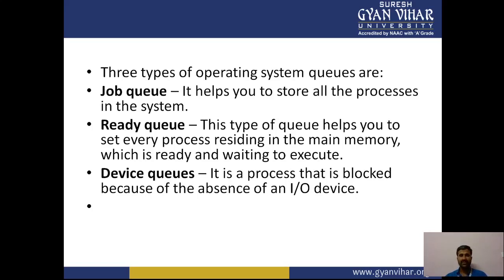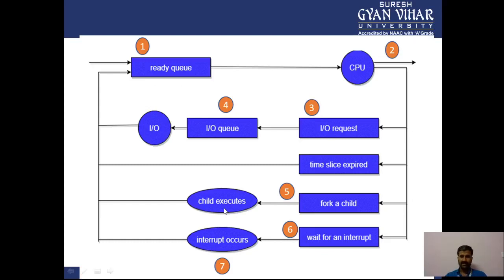For a single process system, there will never be more than one running process. So process scheduling is an operating system task that schedules processes of different states like ready, waiting, and running state. Right, so this is all about the things that we have discussed.